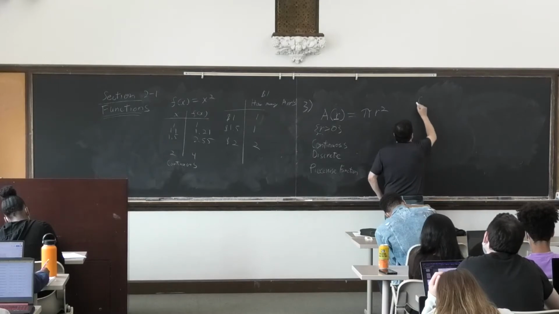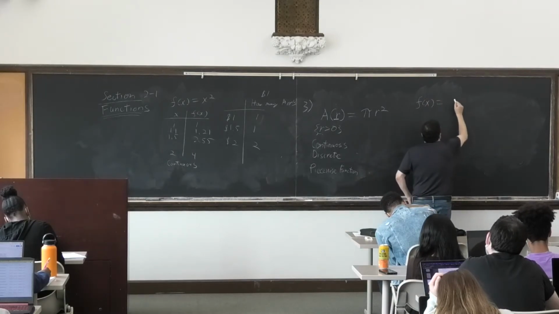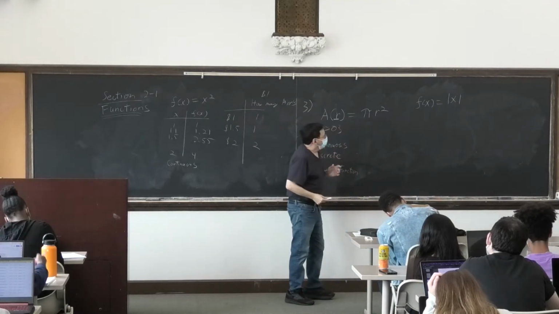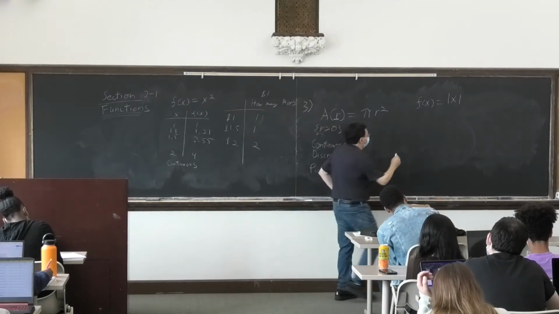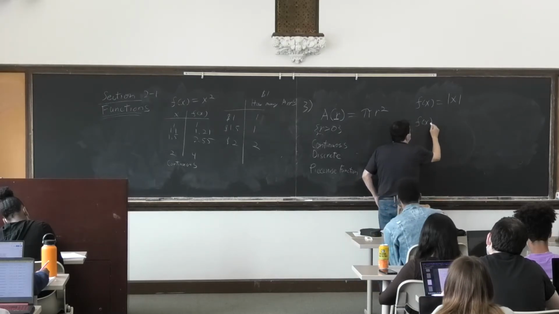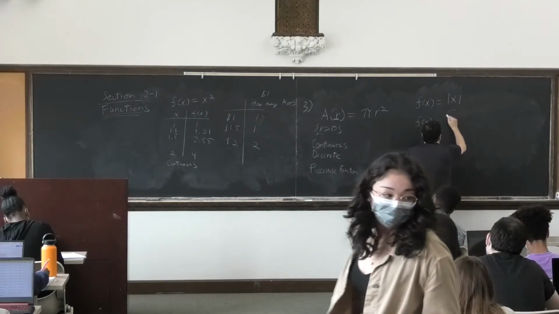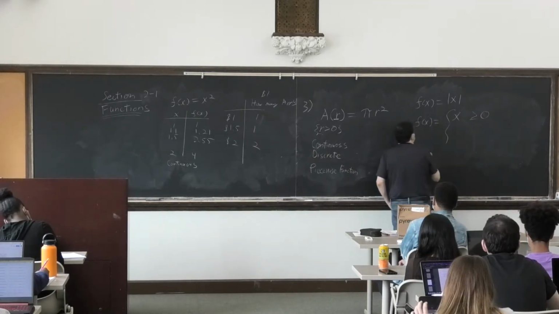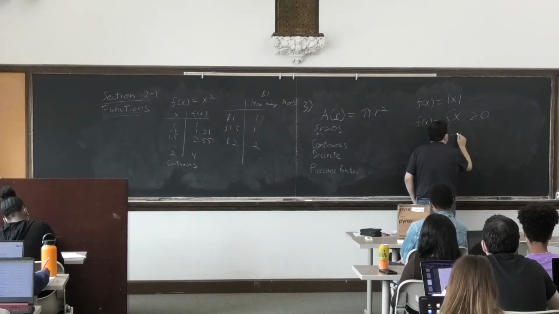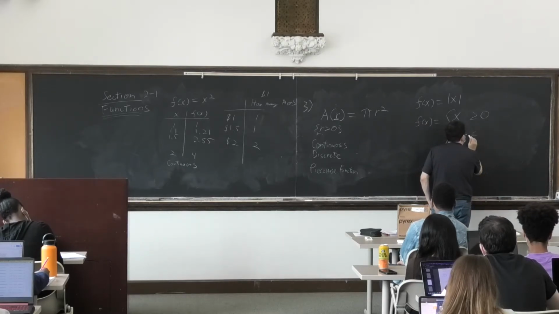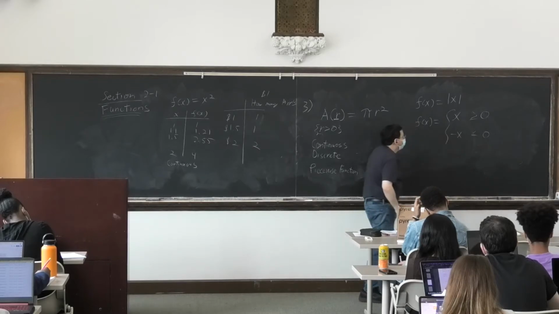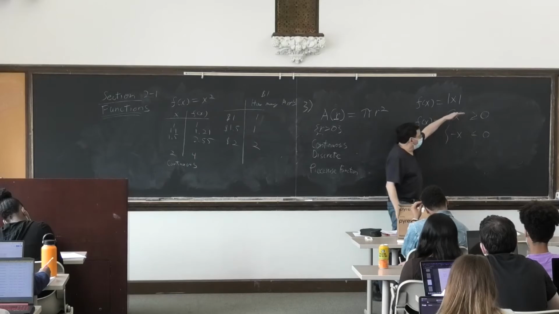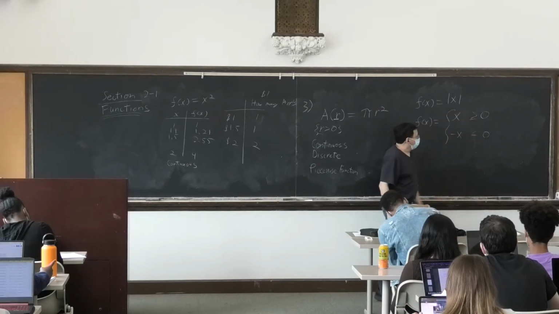Let's say I had the function f of x equals absolute value of x. Well, one way to describe that would be f of x equals x if x is greater than or equal to 0, and it's equal to negative x if x is less than 0.